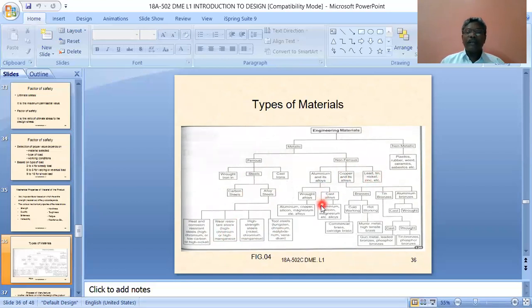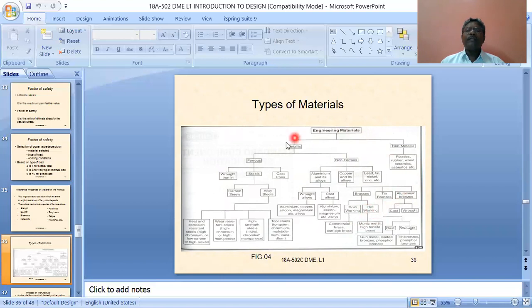In every case, there are wrought alloys and cast alloys. Wrought alloys include aluminum, copper, silicon, manganese alloys, etc. Cast alloys include aluminum, silicon, magnesium alloys, etc. In copper and its alloys, you can see brasses, tin bronzes, aluminum bronzes, etc. For brasses, cold working and hot working methods are used to manufacture brass material combinations.